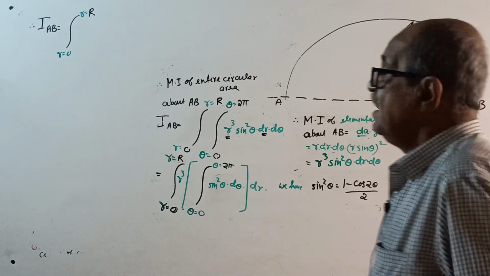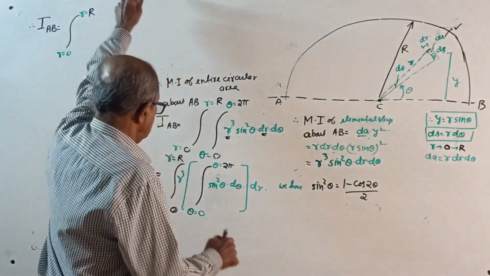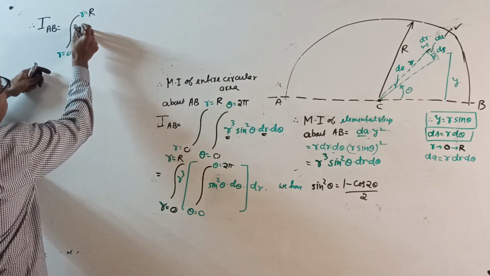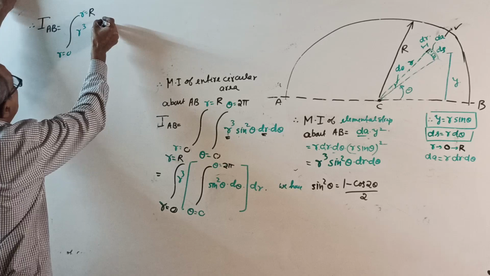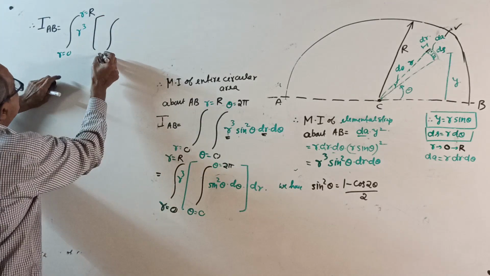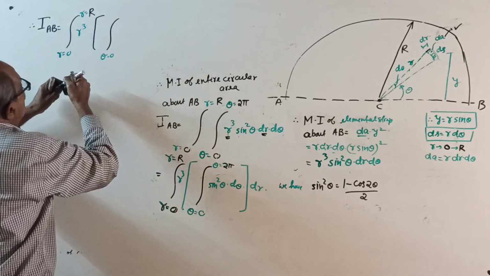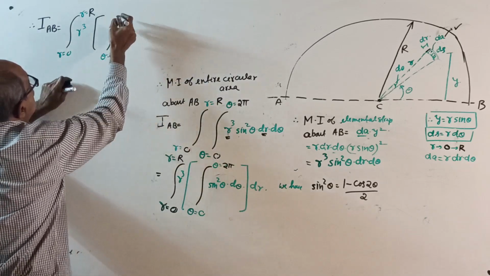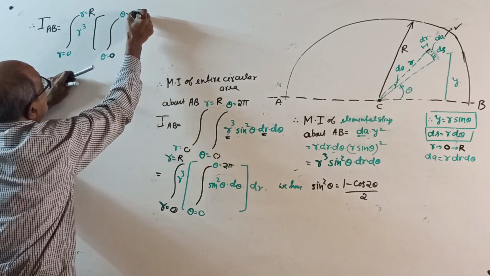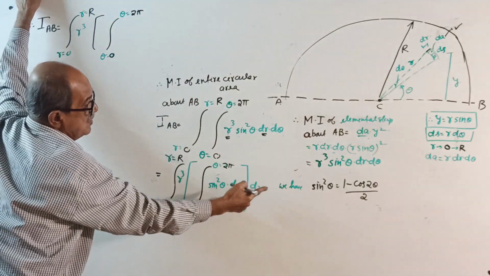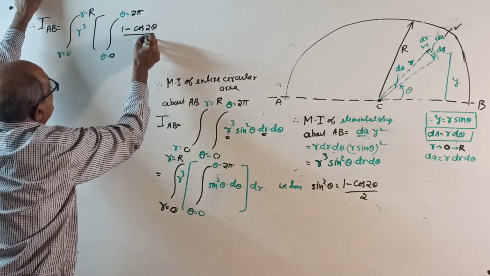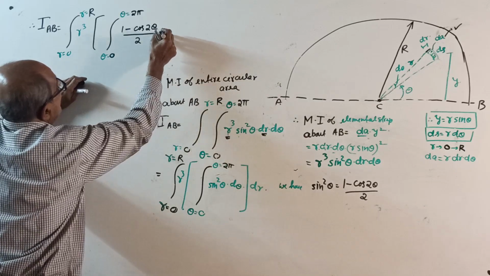so bad. r equal to 0 to R of r cube, see here, r cube, and then bracket, integration theta equal to 0 to theta equal to 2 pi radians of sin squared theta, which is (1 minus cos 2 theta) by 2, times d theta.